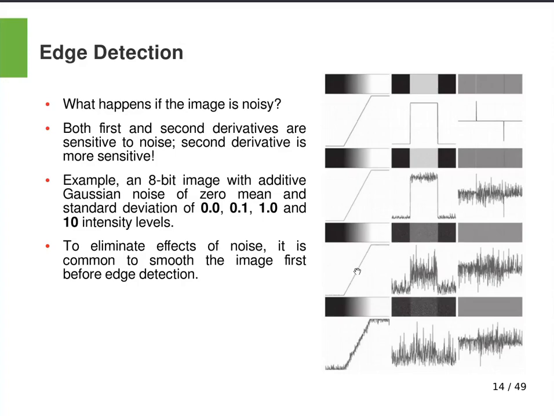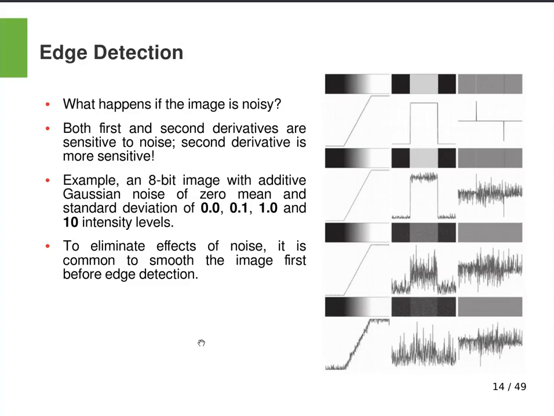If you increase the amount of noise for the second order derivative, you cannot even detect these spikes anymore. The same happens for the first order derivative. Of course, it happens less than the second order derivative, and that's why if you are working with noisy images, usually first order derivative is preferred over second order derivative.